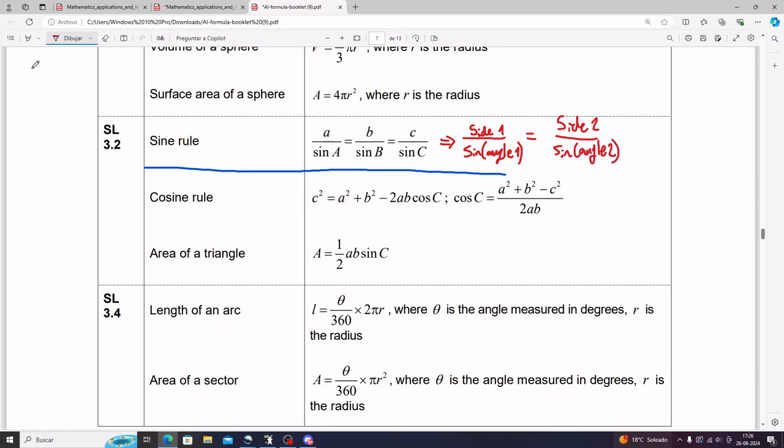So if you have 3 out of 4, let's say you have side 1 and angle 1, and you have side 2, this is good enough for you to find angle 2. As long as you have 3 out of 4, you can find the last one.